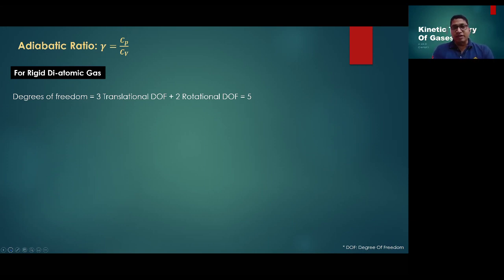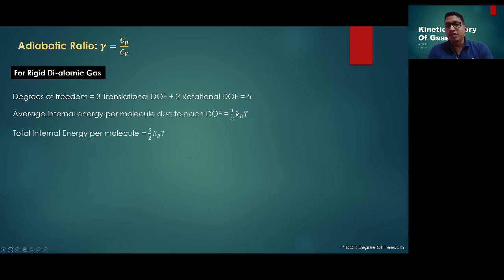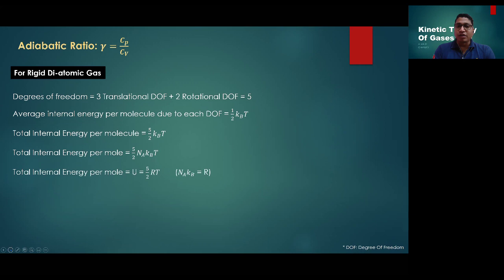Now again, each translational and rotational degree of freedom contributes 1 by 2 kBT. So how much will this be per molecule? 5 degrees of freedom, so 5 into 1 by 2 kBT, it will become 5 by 2 kBT. So per mole, multiplying with the Avogadro number, 5 by 2 Na kBT, and so it will be 5 by 2 RT.